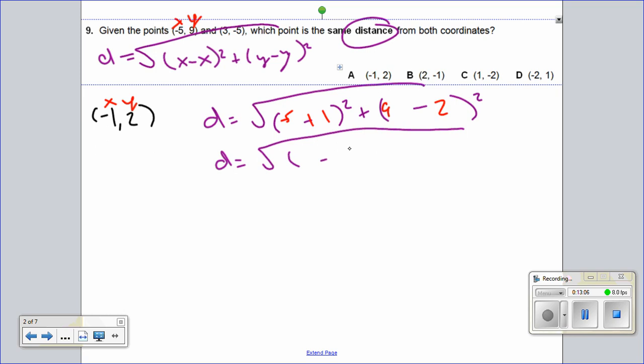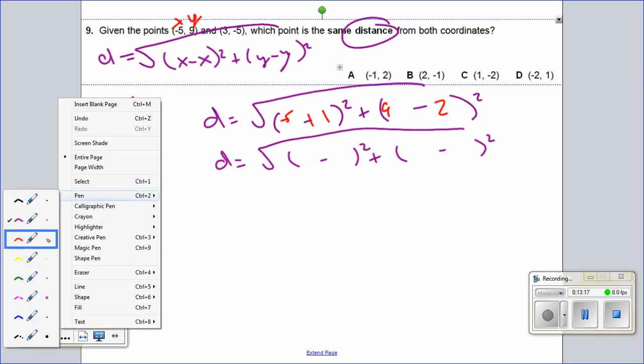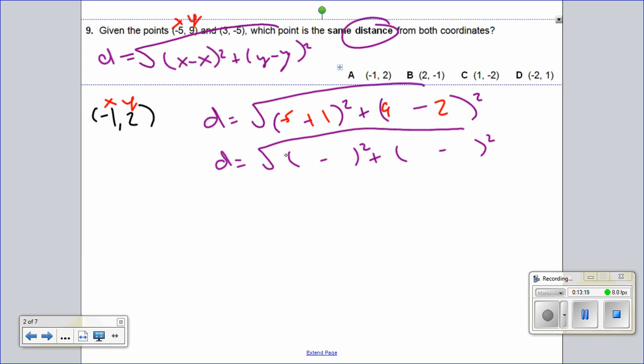So I'm going to write it out first before I grab my calculator because it'll just make that part easier. The x values this time are 3 and -1, because we're comparing it to -1, 2, and my y's are -5 and 2.